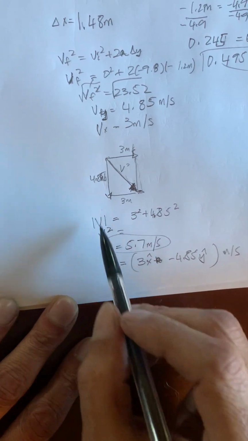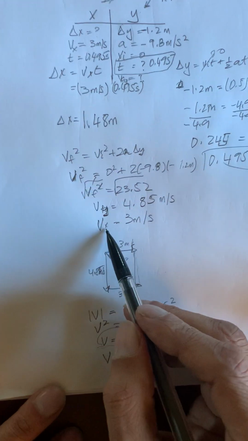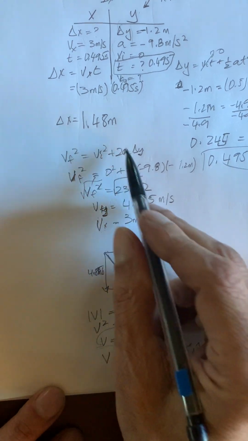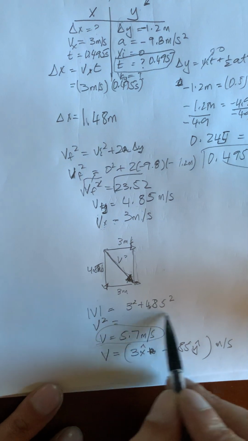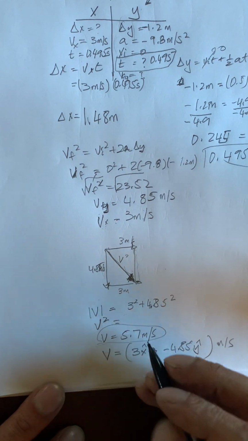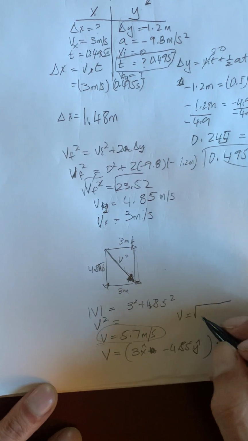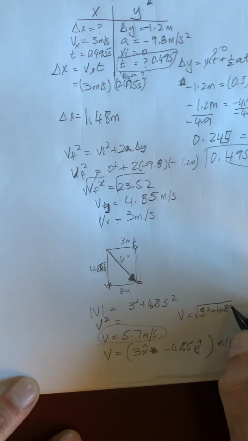So again, to recall, we found the final y velocity and then the x velocity. We did the Pythagorean thing on it. Basically V is going to equal the square root of 3 squared plus 4.85 squared.